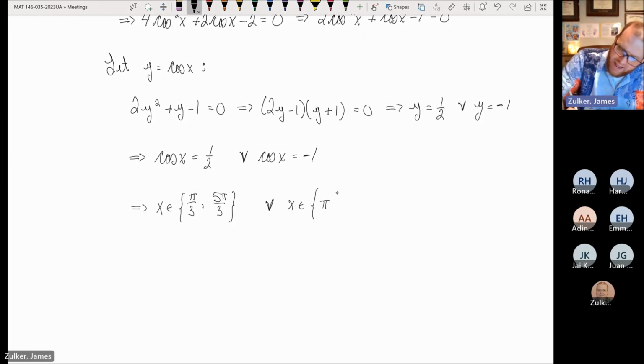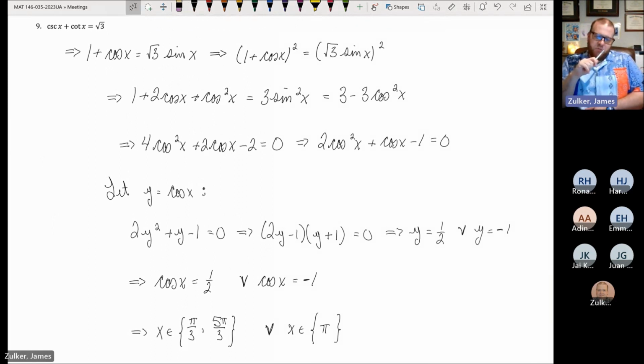Cosine is equal to -1 at pi. Well, we did a lot in this problem, right? First, we multiplied through by a sine, and then we squared both sides. So let's really make sure that these are going to work.